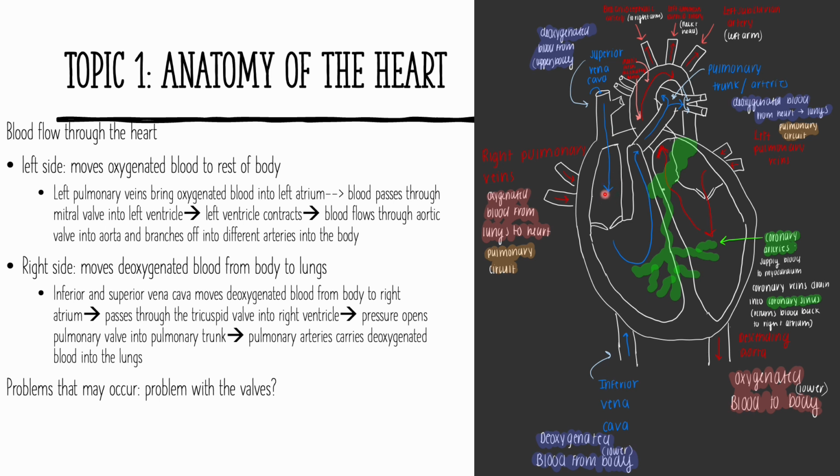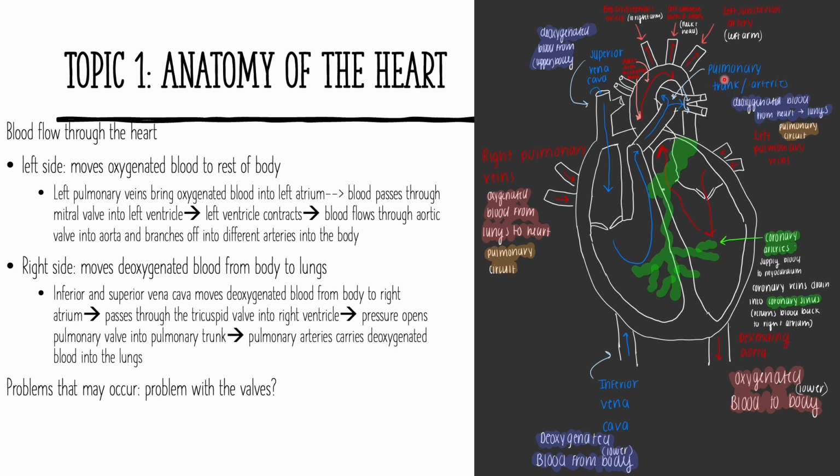And so this pressure will build up and open our tricuspid valve into the right ventricle, and then eventually the pressure will build up, opening the semilunar pulmonary valve, pushing our deoxygenated blood into our pulmonary trunk and arteries.